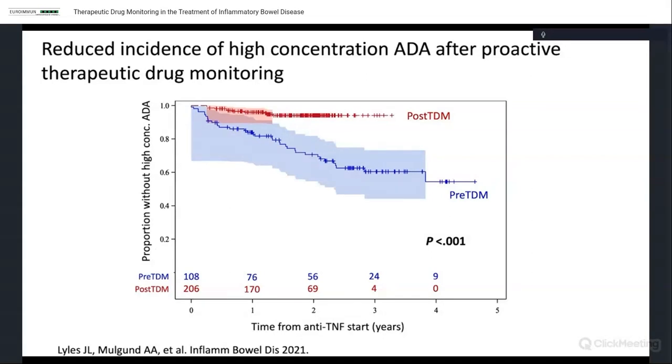So what this data shows is that we can indeed improve outcomes in a practice-wide approach using therapeutic drug monitoring as part of a quality improvement initiative.